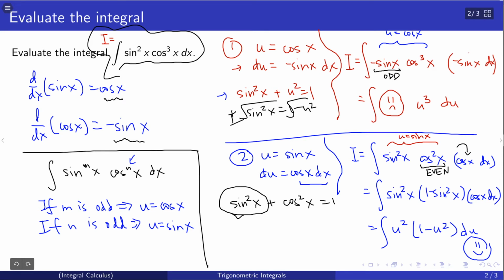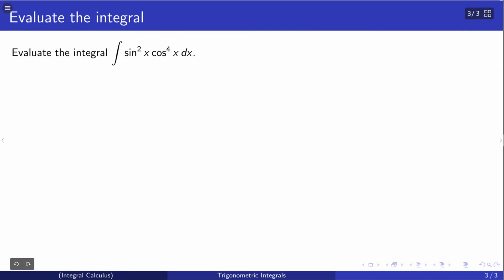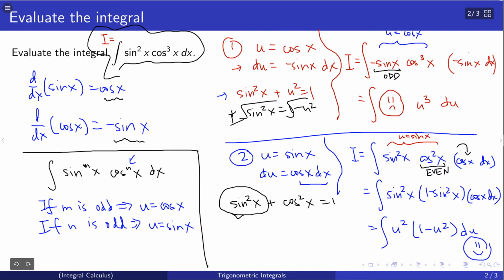And, well, now you may be wondering, what happens if both powers are even? So in the previous slide I said, if the power of sine is odd, you use cosine as your substitution. If the power of cosine is odd, then it's u equals sine.